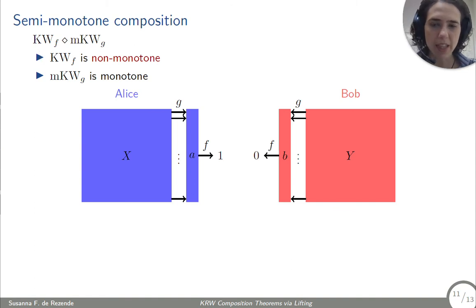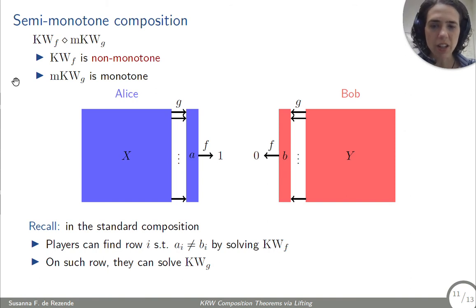Remember that in the standard composition, one way of solving this was to first find an entry in these vectors A and B such that they're different, and then consider the corresponding rows and solve the KW game on G on those rows in order to find a position in the matrix where Alice and Bob have a different input.